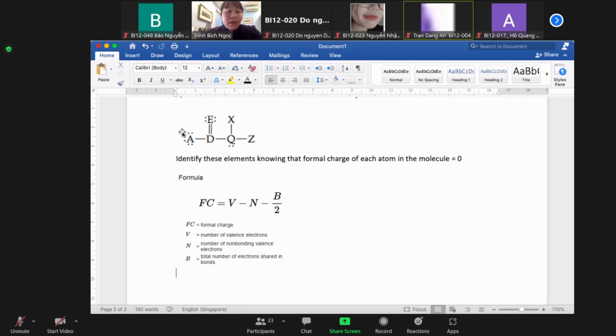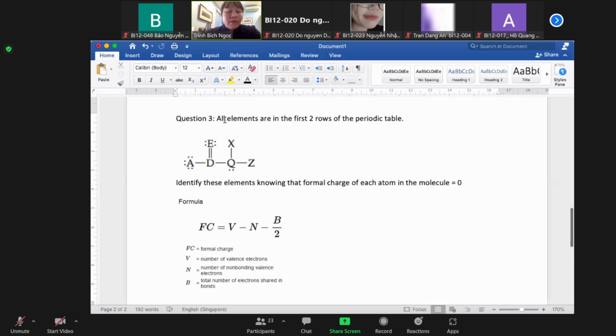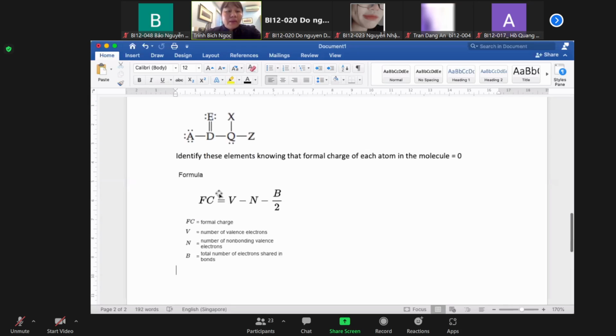Okay, so here you need to identify all these elements, knowing that all these elements are in the first 2 rows of the periodic table, and the formal charge of each element equals 0.